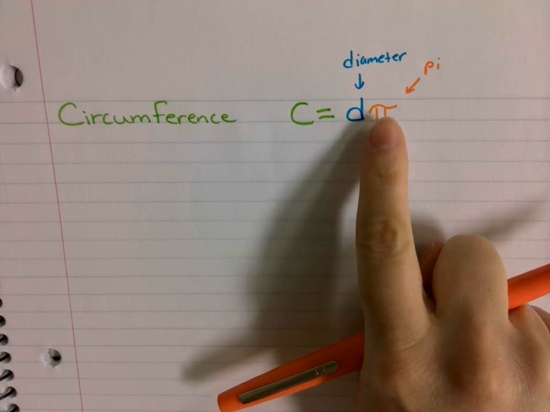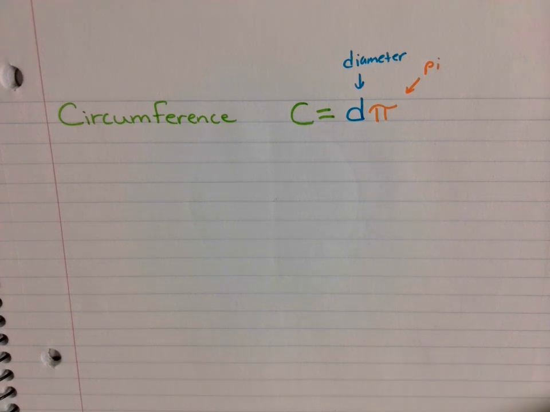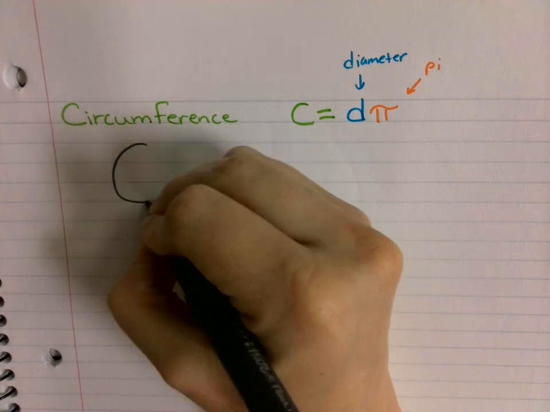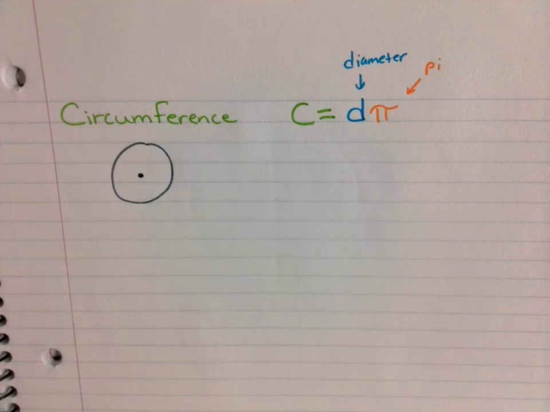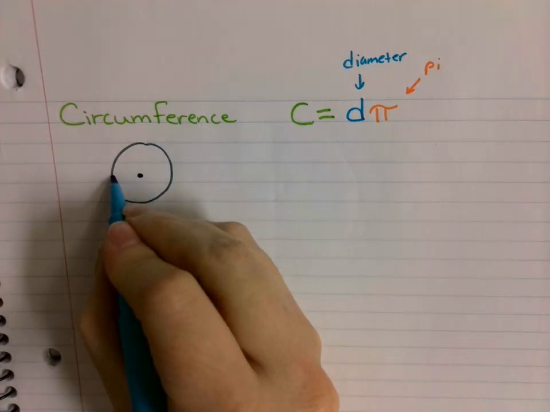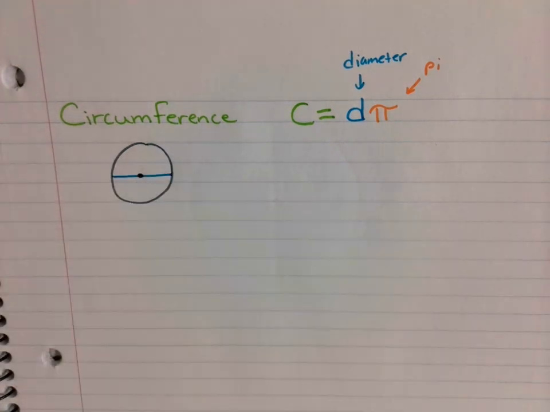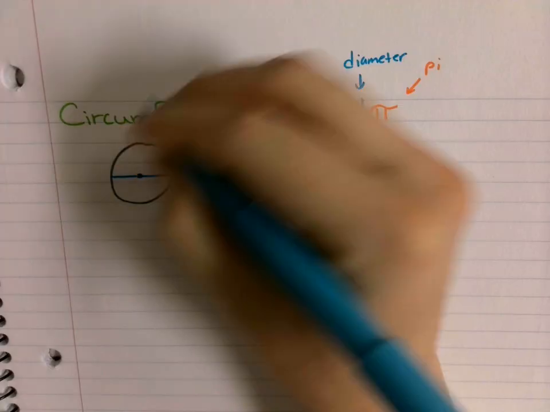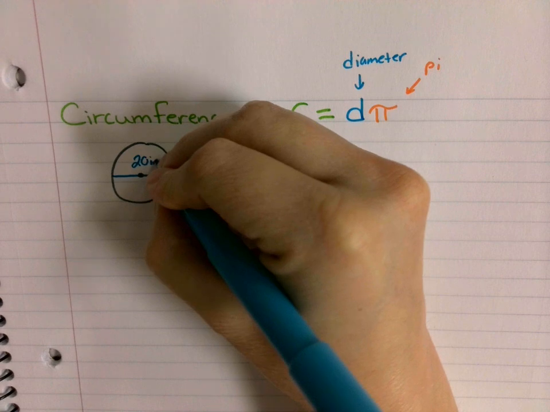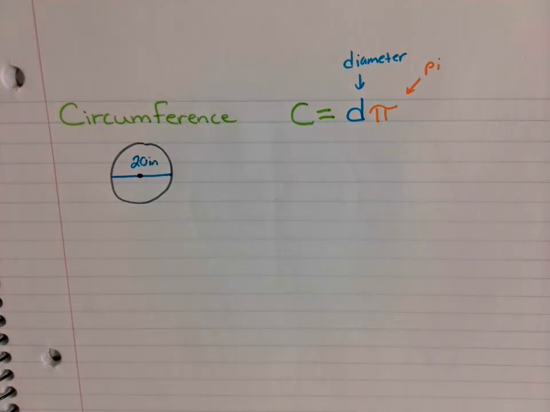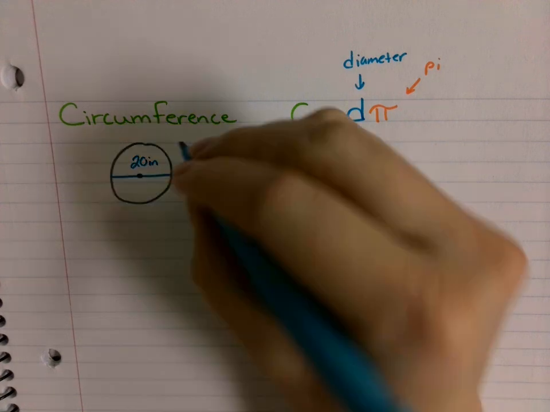So for example, if I have a circle and it has a long diameter measurement of 20 inches. If I've got that measurement of 20 inches for my diameter, so I'm saying diameter is equal to 20.